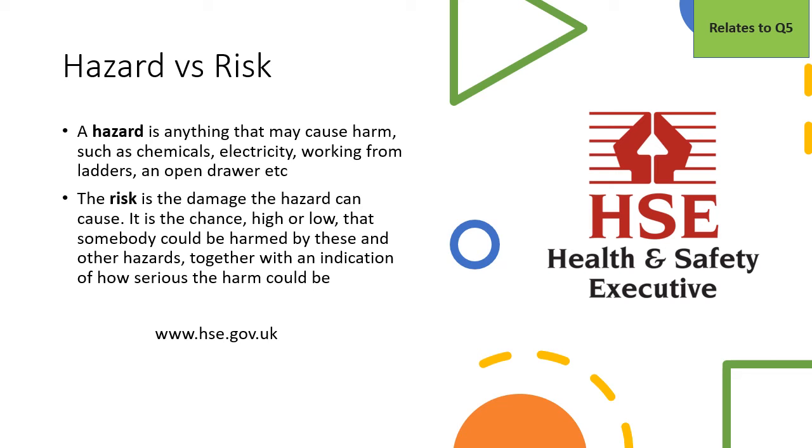So it is the chance, high or low, that somebody could be harmed by these and other hazards, together with an indication of how serious the harm could be. So, for example, a hazard could be a wet floor, and the risk is that somebody could slip on that wet floor.